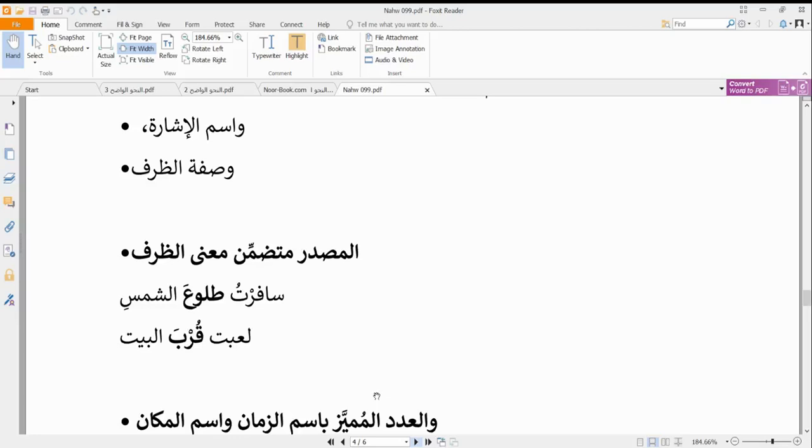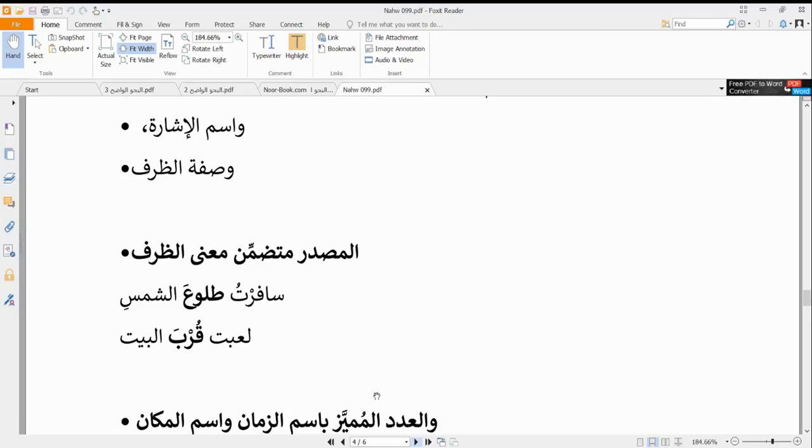We can see that the rising is not actually a zarf makan or zarf zaman in that case. It is actually a masdar. However, it is telling us the time when something happened, so it is doing the job of a zarf, even though it is not actually a zarf.